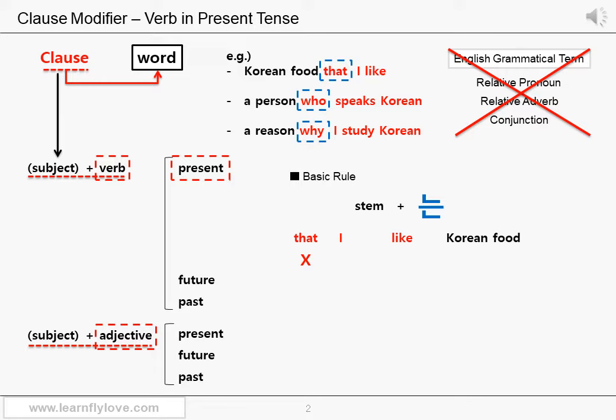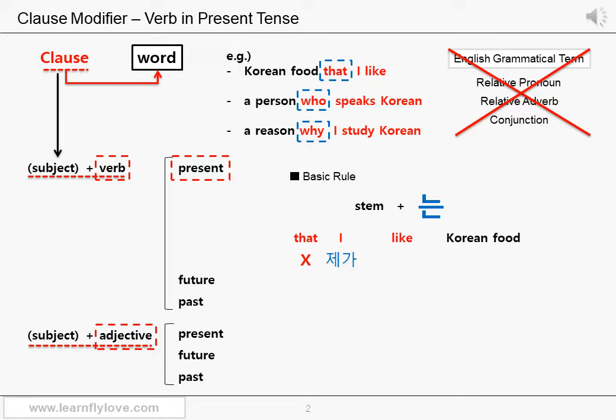I is 저, but we want to use the subject particle 가 to emphasize the fact that this is me who like Korean food. So 저 becomes 제 and add 가, 제가. Like. This is a verb of a clause.